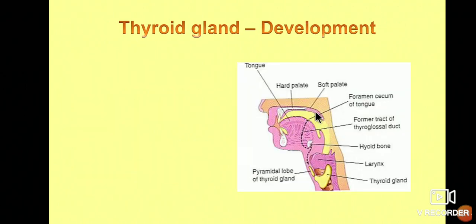Now, coming to the development of the thyroid gland, it is actually developed from the floor of the pharynx. The pharynx is mainly responsible for the development of your tongue, thyroid, palatine tonsils, auditory tube, middle ear cavity, and your parathyroid gland and thyroid gland. Mainly the endoderm of the pharynx is responsible for that.